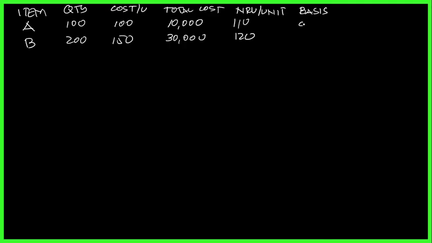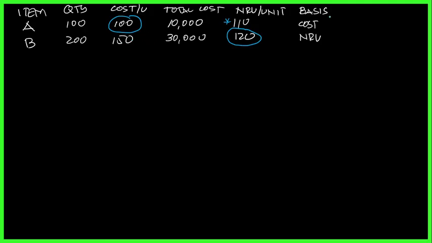Here we are going to use the cost. And here we're going to use the net realizable value. So why cost? Because the cost is lower as compared to your net realizable value. Why net realizable value? Because the net realizable value is lower than the cost.